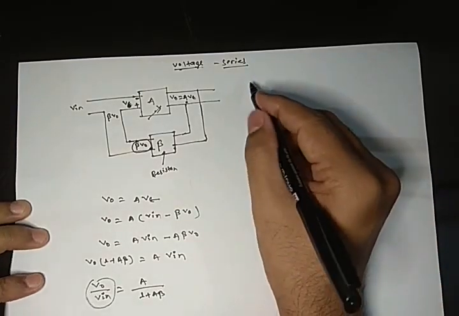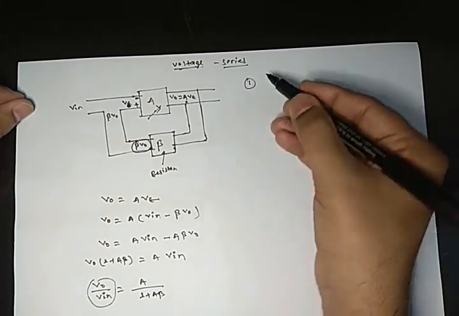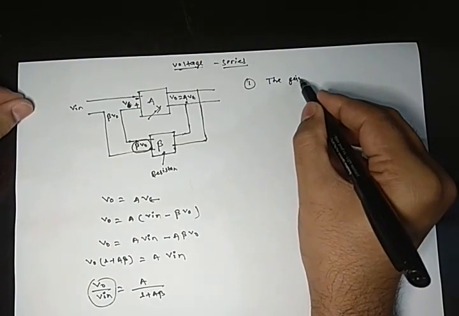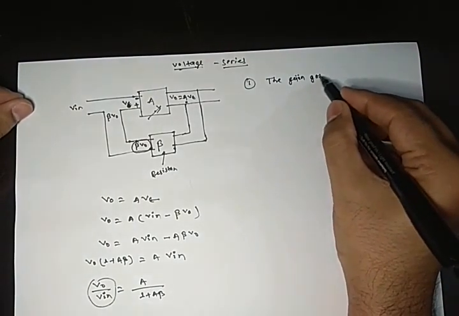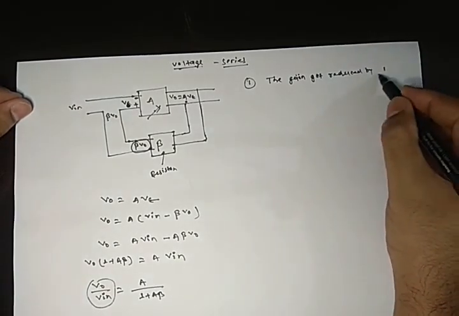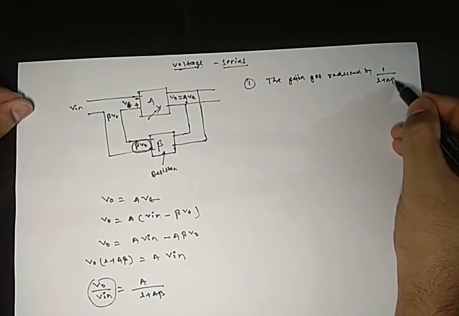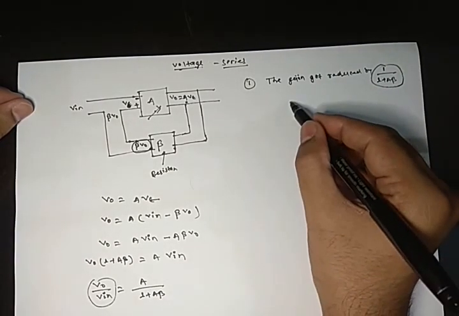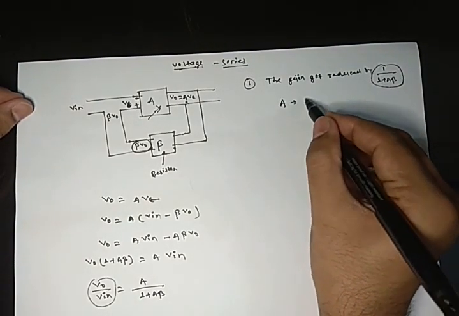Now what we have observed, the first observation, is that the gain got reduced by 1 by 1 plus A beta times. Now we know that A is infinity.